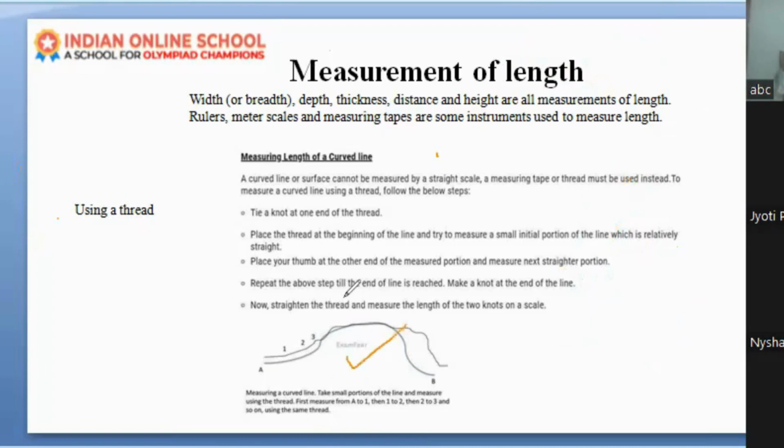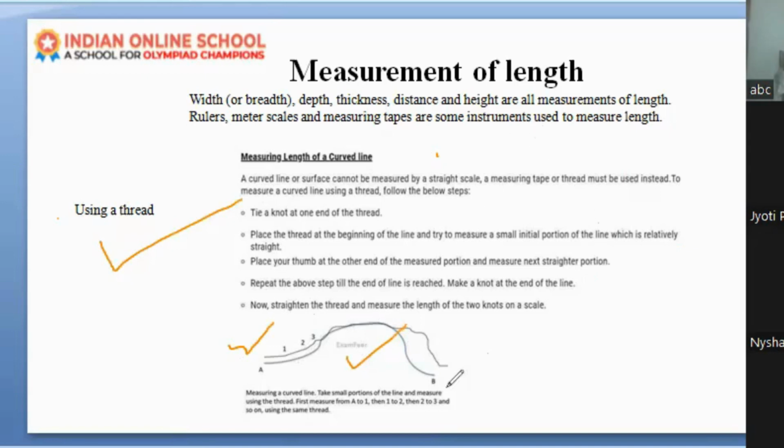It's a curved surface. So I have two options with me in order to measure a curved surface. What are they? First, I can use a thread. The commonly used method is the thread. I put that thread over the curved surface and then take that thread and measure it with the help of a scale. That is the first method.